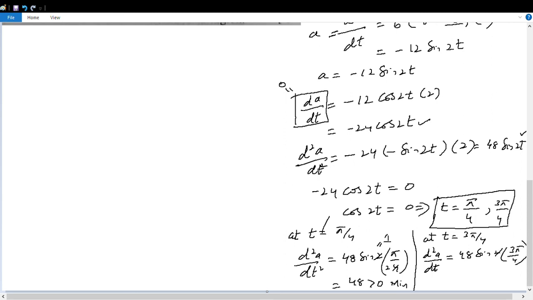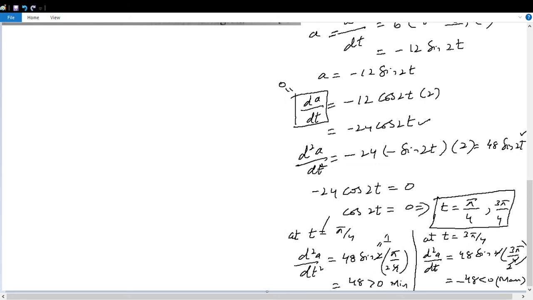Cancel this, you get 2, and it will become 3 pi over 2, so it will be negative 48, because sine of 3 pi over 2 is negative 1. So you get minus 48, which is less than 0, and this will give you the maximum value.